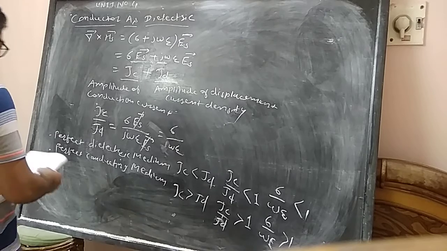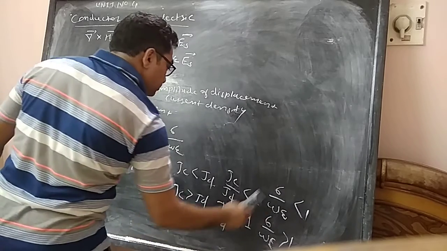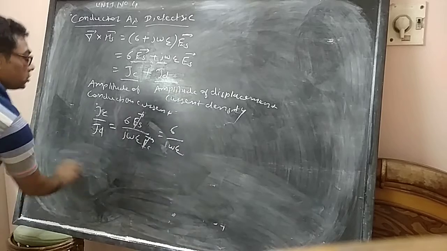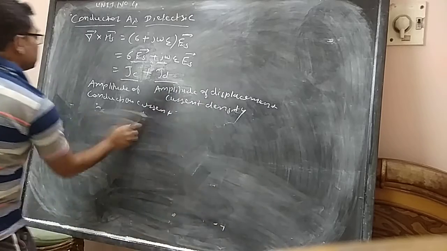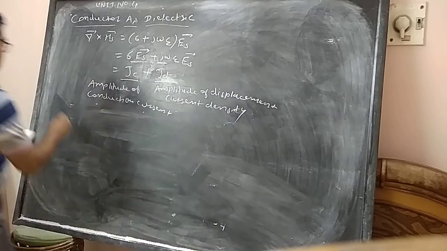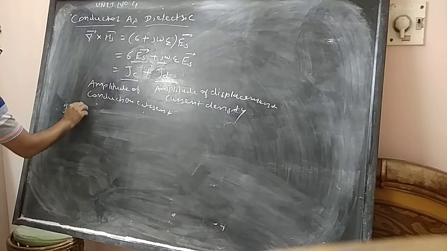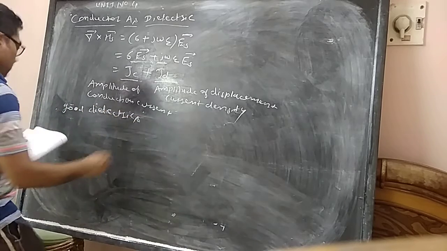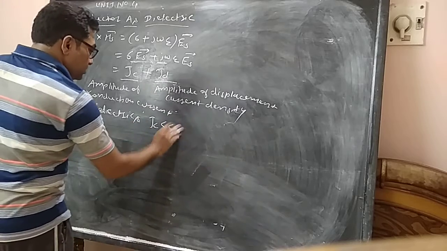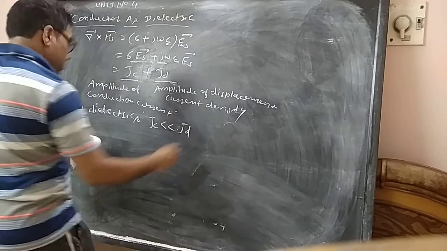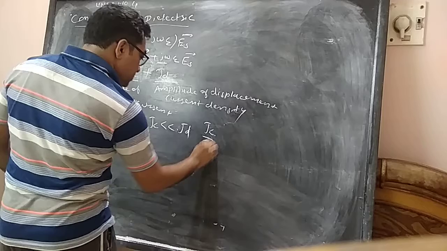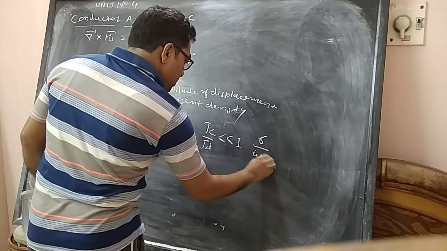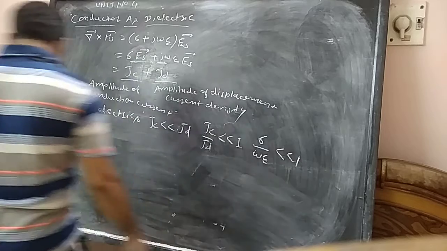And if you take the example of good dielectrics, Jc is very much less than Jd. Therefore Jc divided by Jd is very much less than 1, so sigma upon omega epsilon is very much less than 1.